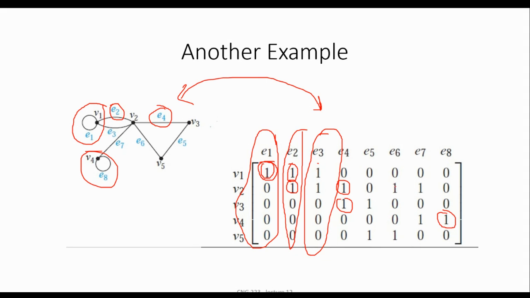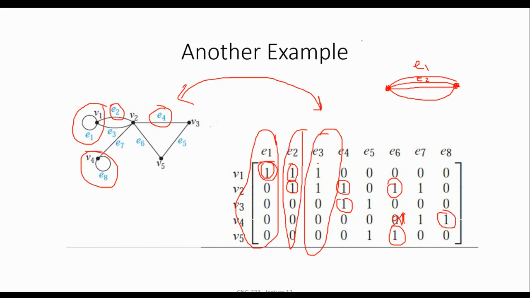And you may ask me, what if here I have two ones? Is it possible to have another one here? I have three ones, for example. Is it possible? No, it's not possible, because by the definition of the graph, it is possible to have so many edges from one vertex to another, and we call them a multigraph, as I said, but they should have different names, E1, E2, and so on.